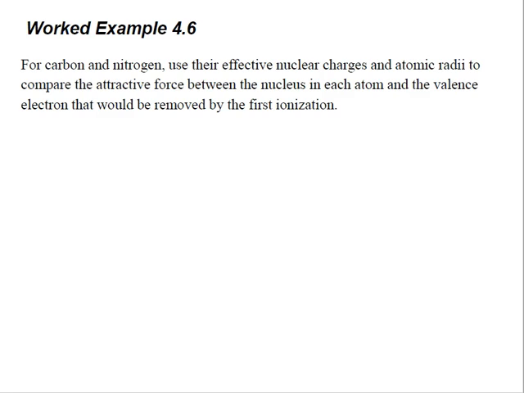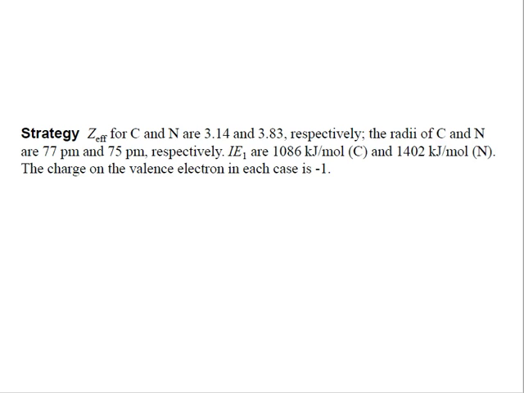Moving on to the 6th example, for carbon and nitrogen, use their effective nuclear charges and atomic radii to compare the attractive force between the nucleus in each atom and the valence electron that would be removed by the first ionization. Our strategy here is to look at the effective nuclear charge for carbon and nitrogen, which are 3.14 and 3.83.